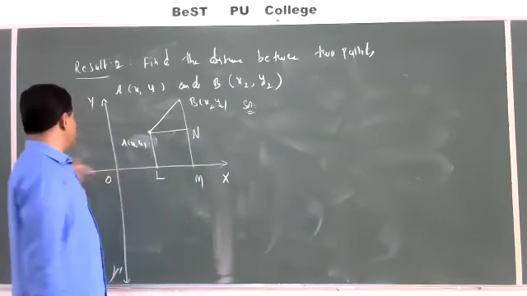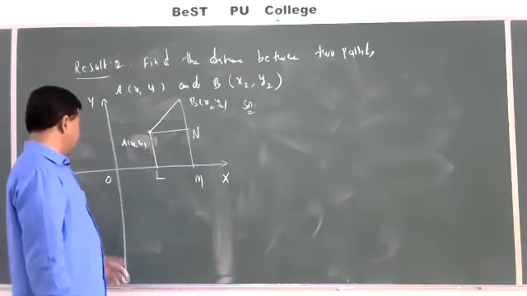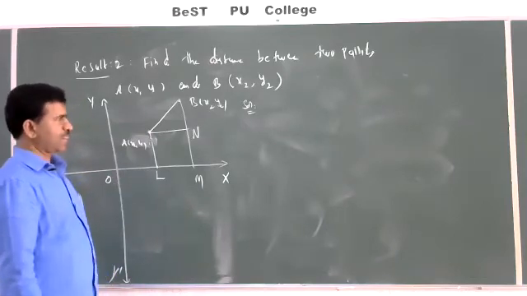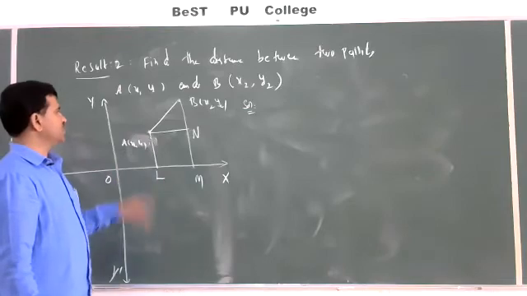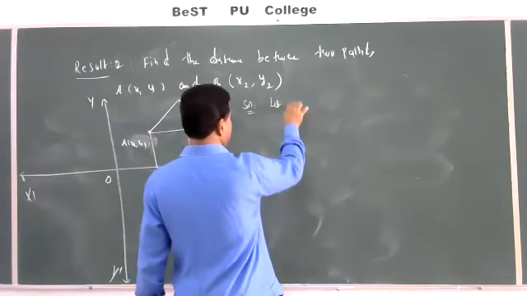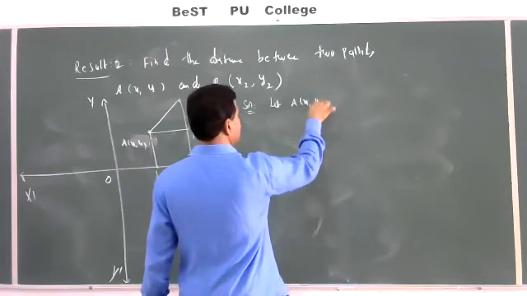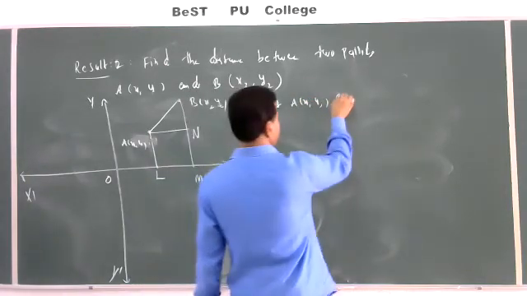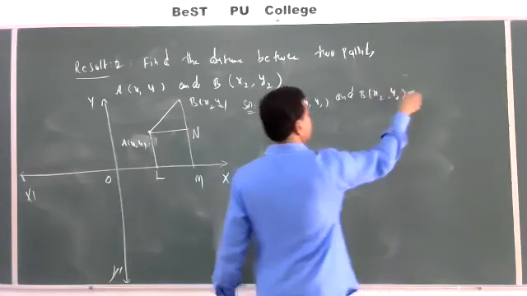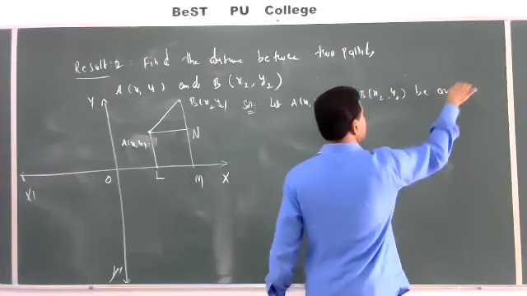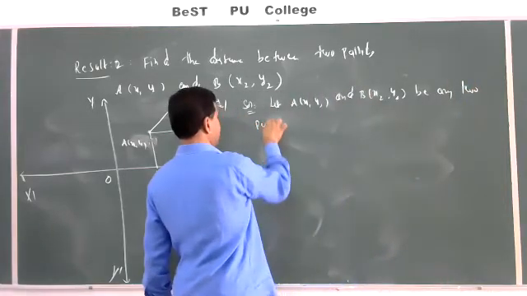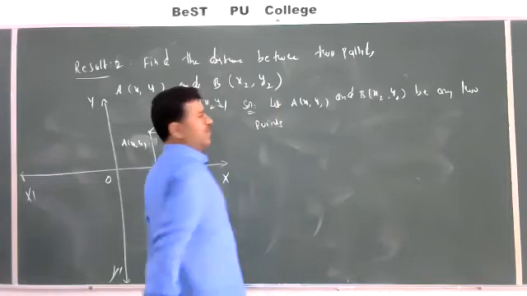Let XO x dash be the x-axis, YO y dash be the y-axis, and O is the origin. Let A (x1, y1) and B (x2, y2) be any 2 points in the plane.